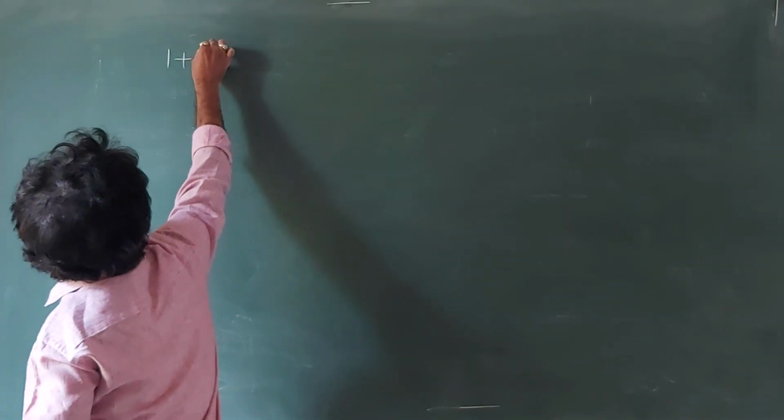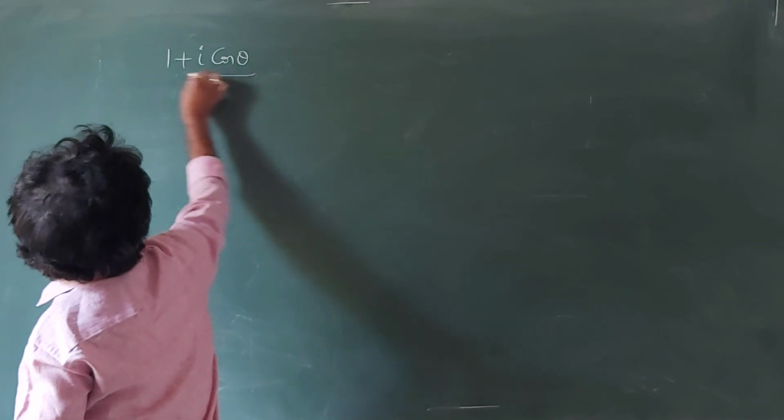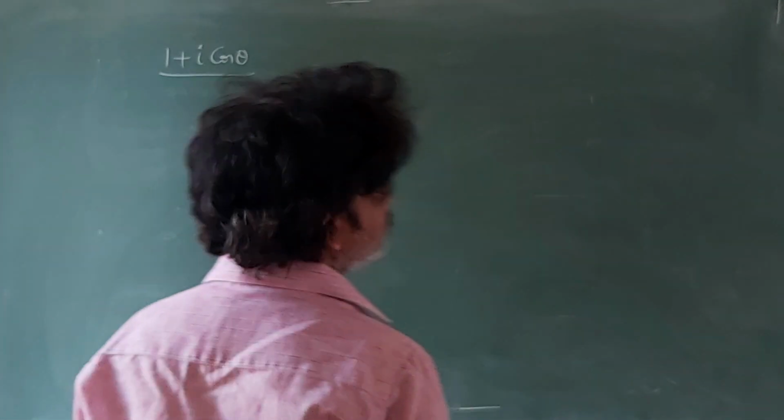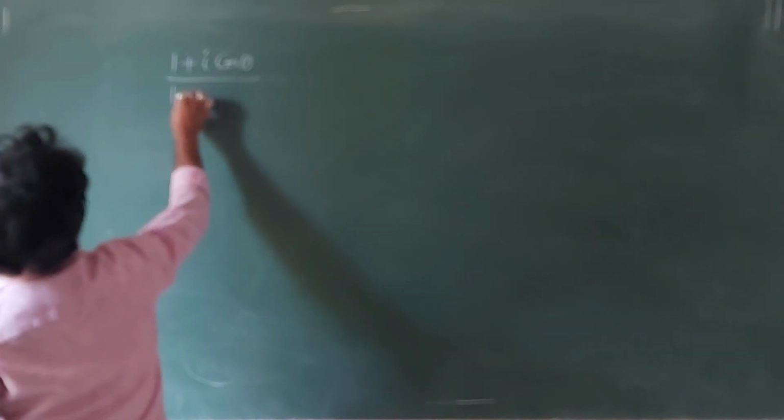Okay, next is a little tough, a little related to trigonometric equations also. Problem 138. See the problem? The real value of theta for which the expression (1 plus i cos theta) divided by (1 minus 2i cos theta) is a real number.